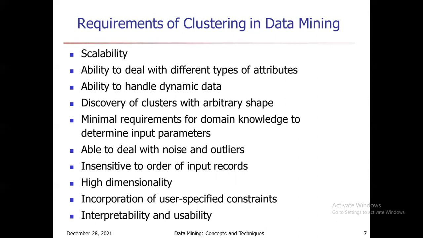And insensitivity to order of input records. Okay. And high dimensionality, incorporation of user specified constraints. Okay. And again interpretability and usability. So all these are the requirements of clustering in data mining. Okay.